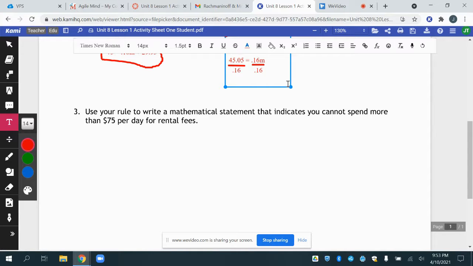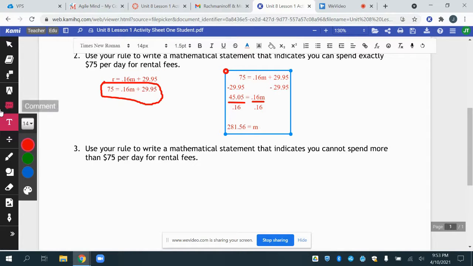So 281.56 miles equals the number of miles I can drive.